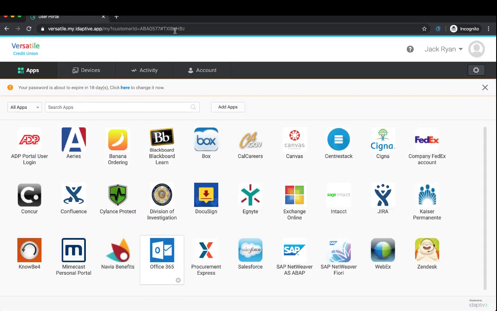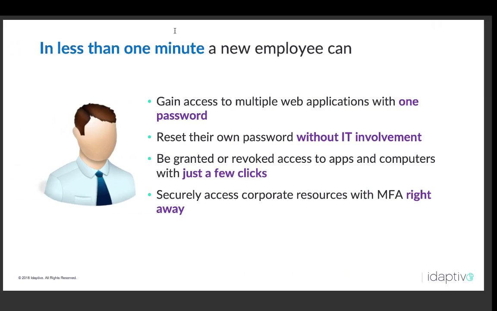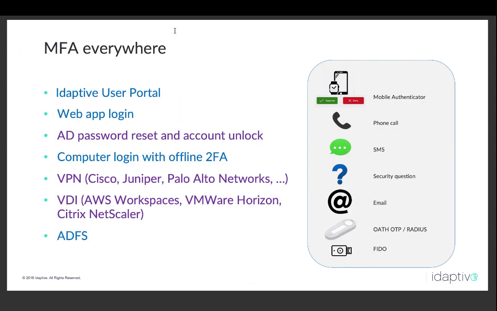Okay. So I showed you that we've done multi-factor authentication at the user portal to our single sign-on portal, and I also showed you MFA to our web application when Jack was logging into Office 365. I've also showed you that we can do MFA to do password reset, both in the user portal and at the computer login.